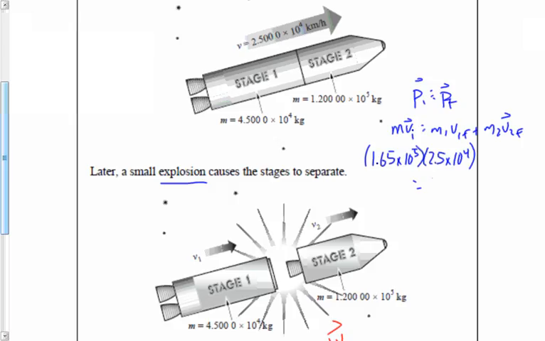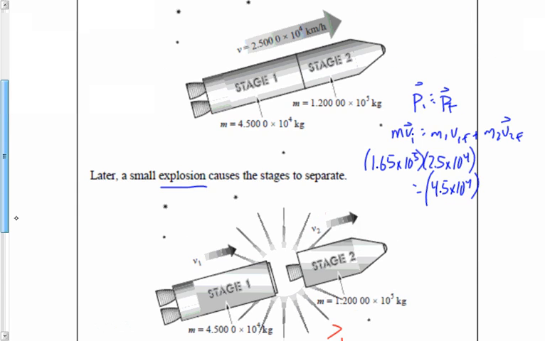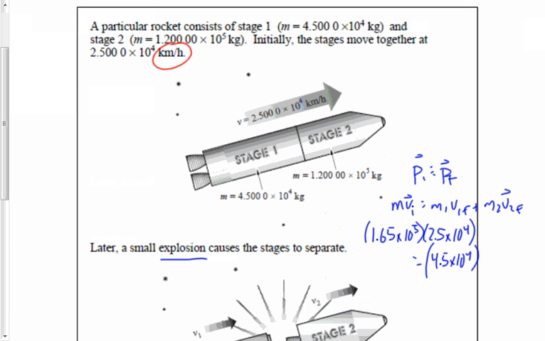M1 is 4.5 times 10 to the 4. And it said, I think, stage 1 was moving 30 kilometers per hour slower. So whatever that is, 25,000, 24,970. Okay, that's the new velocity of object number 1.